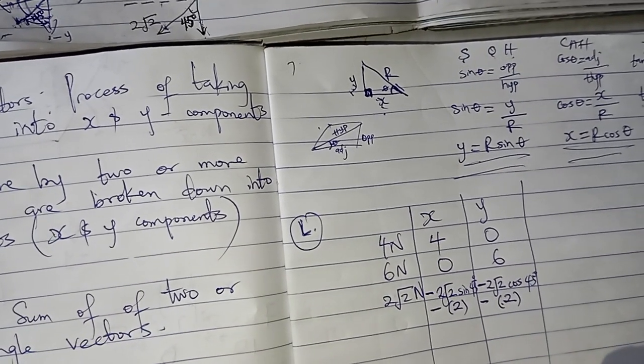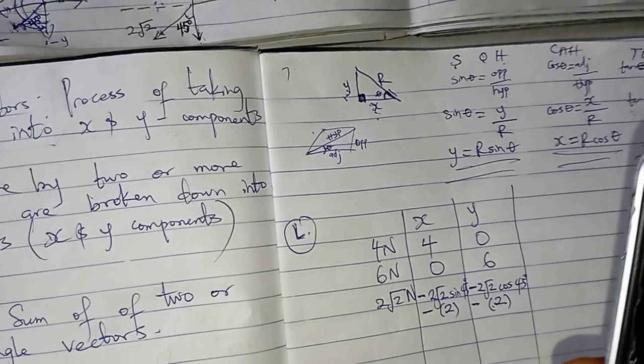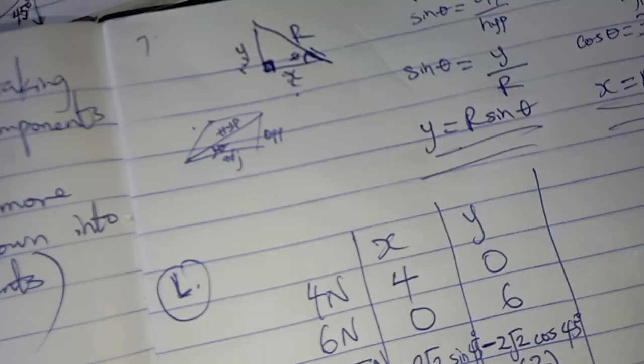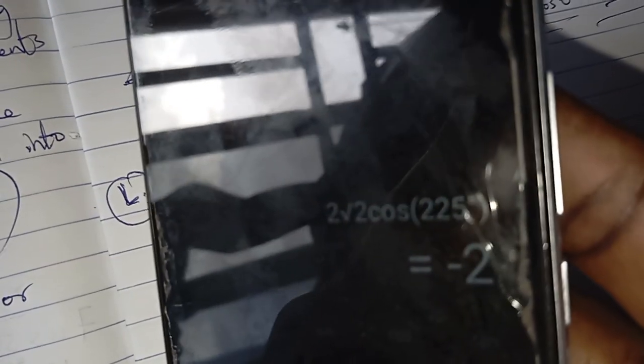So that should give you minus 2. I don't know if you can see it well. Minus 2. Yes. So we are correct.